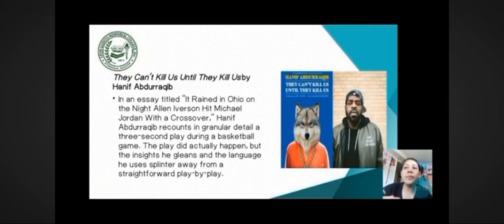The play did actually happen, but the insight he gleans from the language he uses splinters away from a straightforward play-by-play. So it is a true story, but then again, he uses some other languages or forms to incorporate in the story to make it more engaging and also worth reading.